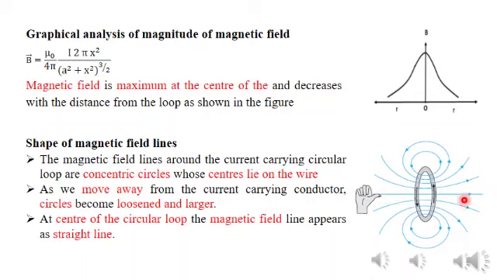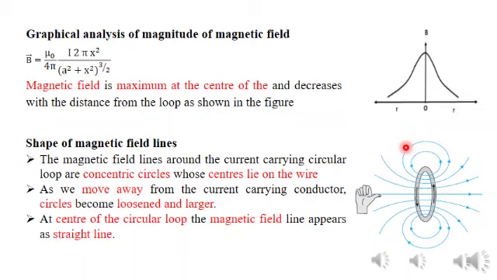So magnetic field lines outside the loop are directed from north to south and from south to north through the coil. So magnetic field lines are closed loops as per their definition.